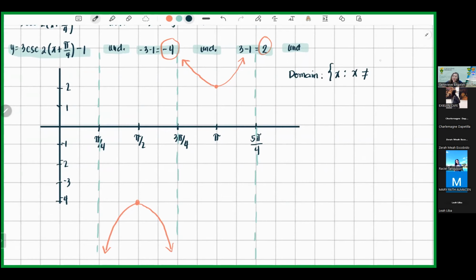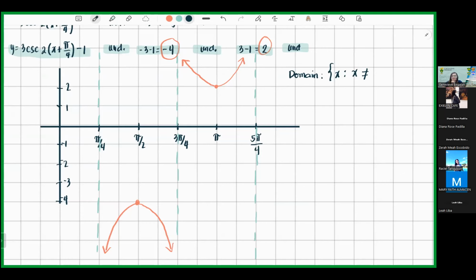Pi over 4, 3 pi over 4, 5 pi over 4. What is the next asymptote? 7 pi over 4, ma'am.